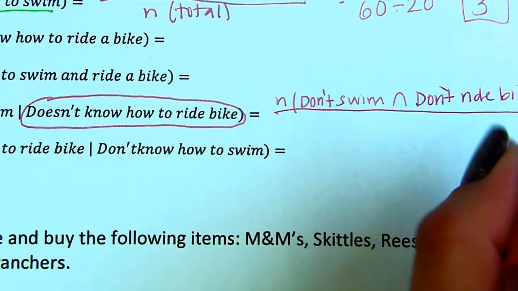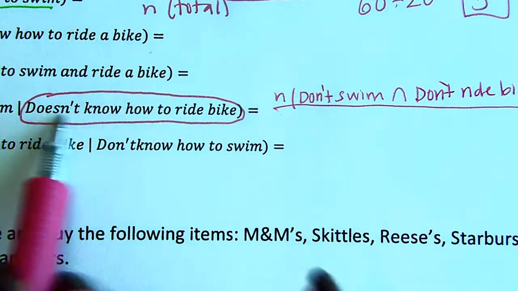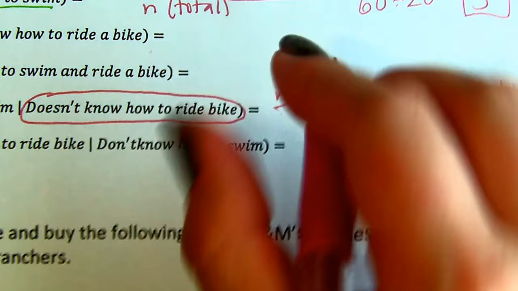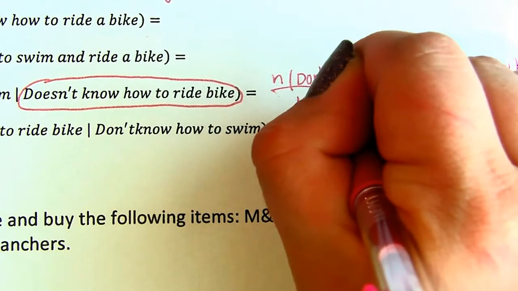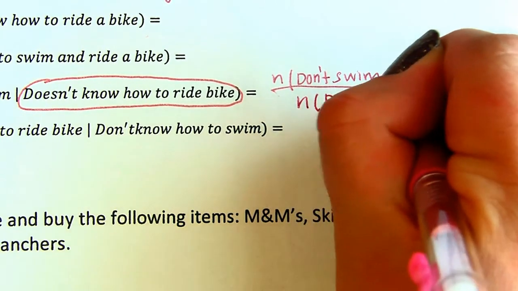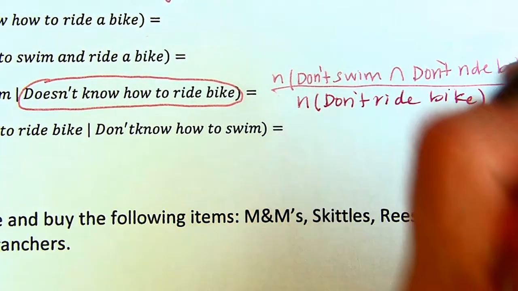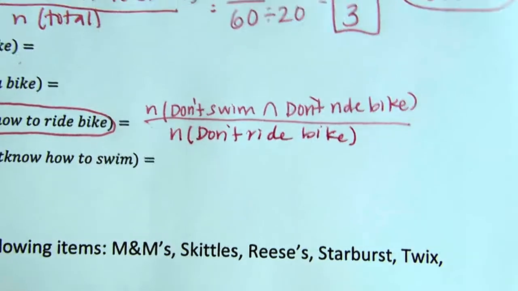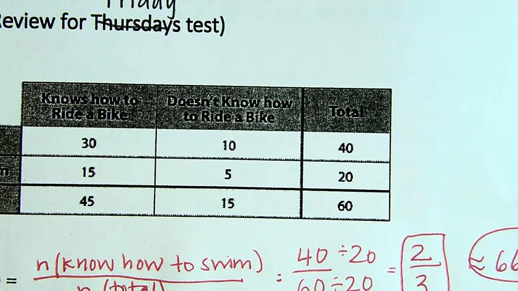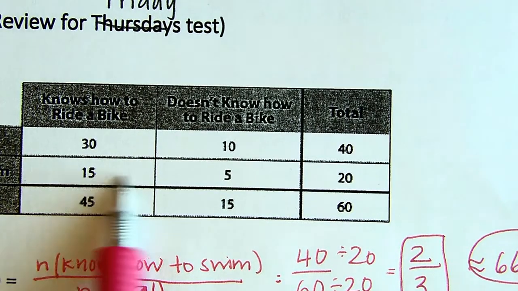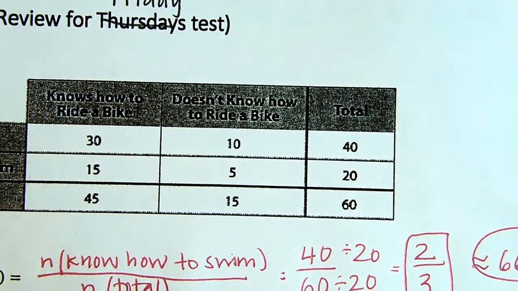And we're going to divide that not by our grand total, but the total amount of people that don't know how to ride a bike. Don't ride bike. So looking at our table, don't know how to swim and don't ride a bike is 5.